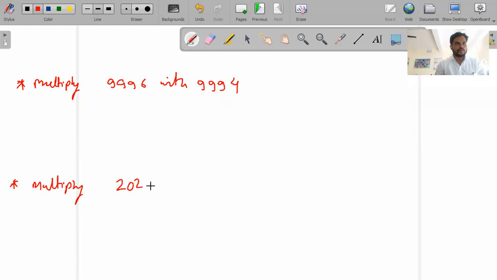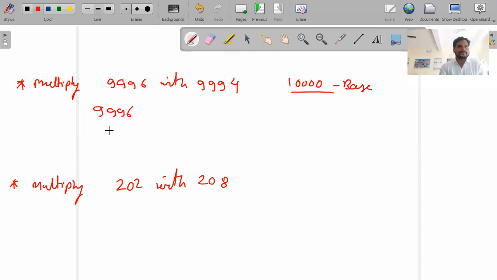What will be the base here? Here the base will again be 10,000. Now multiply 9996 with 9994.